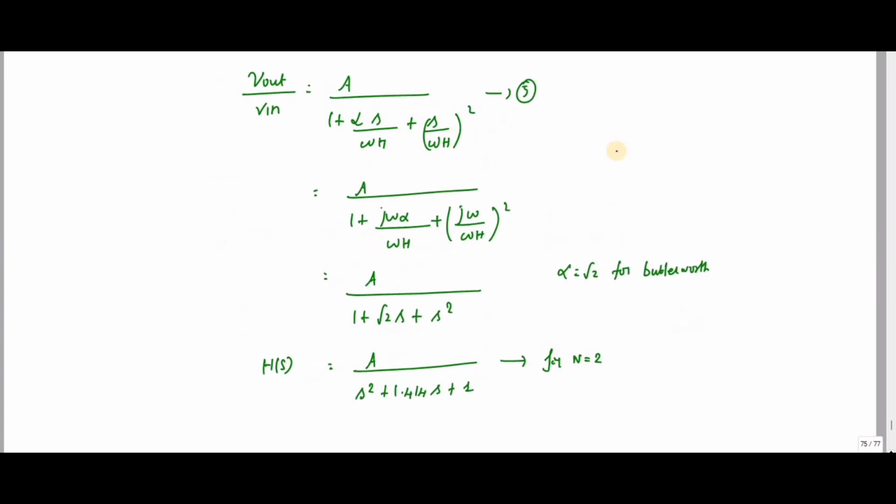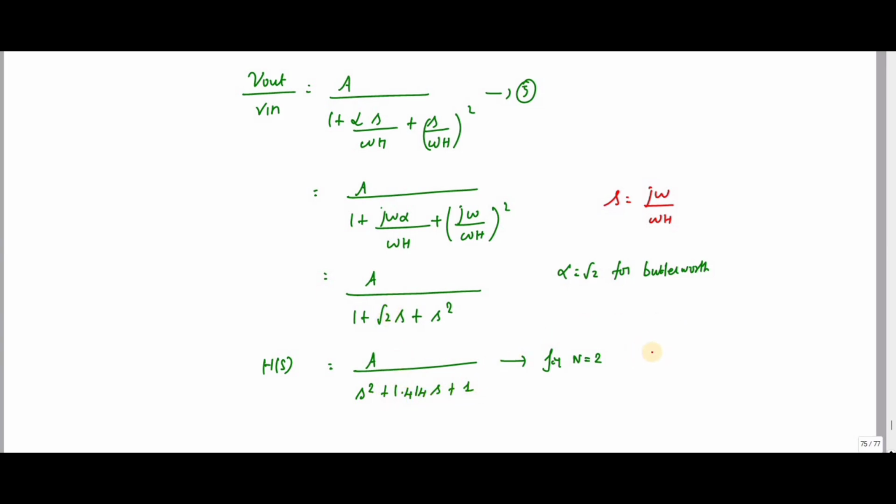I am going to take that equation and substitute alpha equal to root 2. Here, j omega divided by omega h is nothing but your s. If I substitute, I will get this equation. So H of s is equal to A divided by s square plus root 2, I can write it as 1.414 s, plus 1.